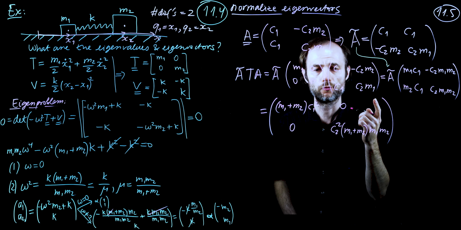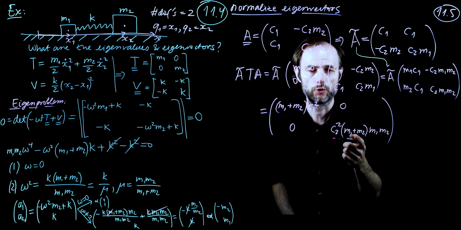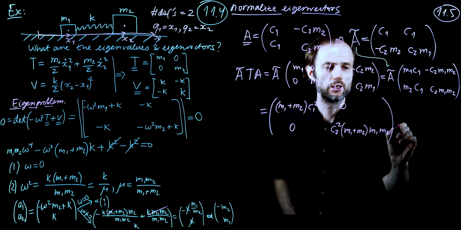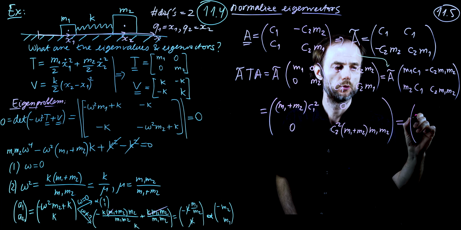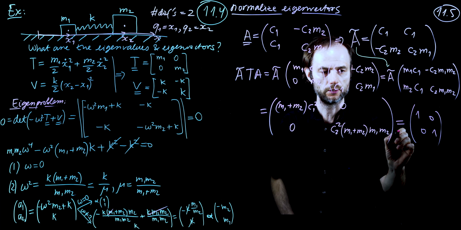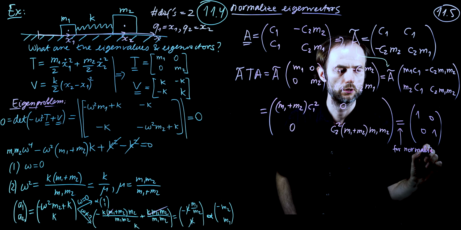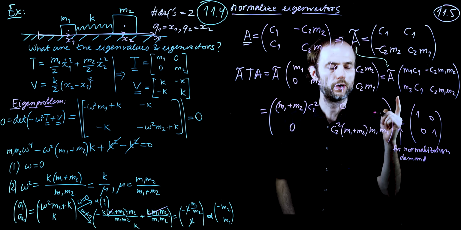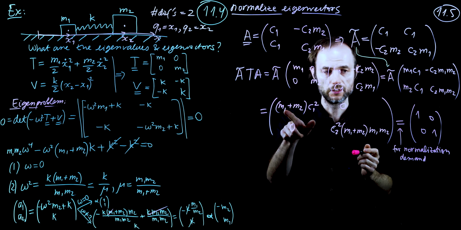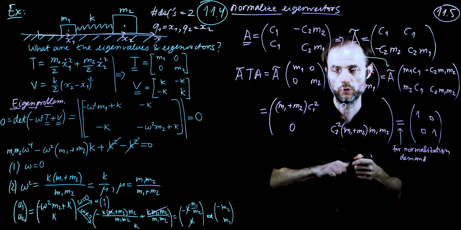And in order for our eigenvectors to be normalized, all of that needs to be equal to 1, 1, 0, 0. Remember, it has to be an identity matrix. So for normalization, we demand this. It means that this is equal to 1 and that is equal to 1 as well.